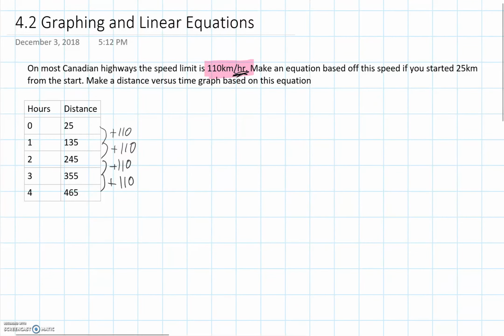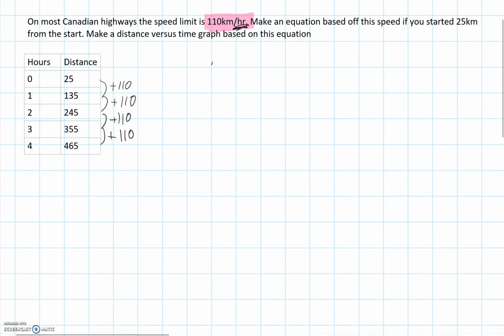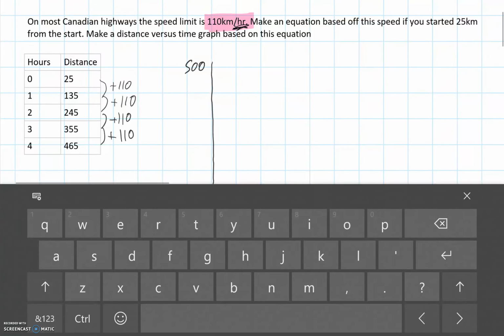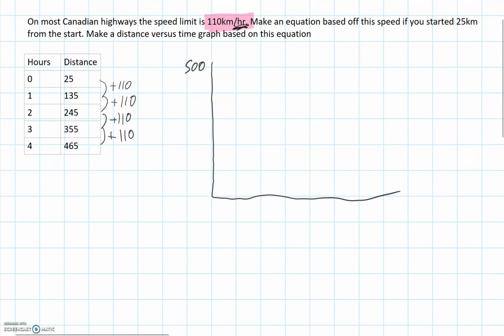So let's make a distance versus time graph based off this equation. So let's make a little graph here. Let's say 500 is our starting, 400, 300, 200, 100, and 0. Okay, so this is the distance, and it is in kilometers.